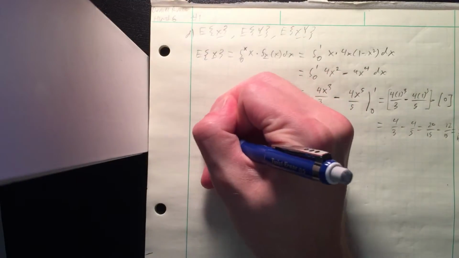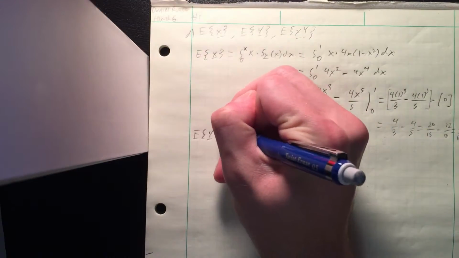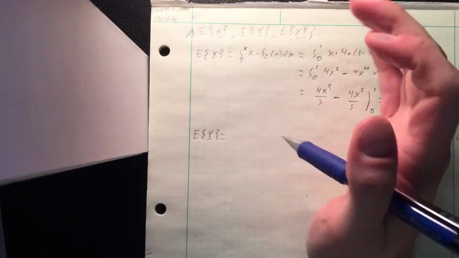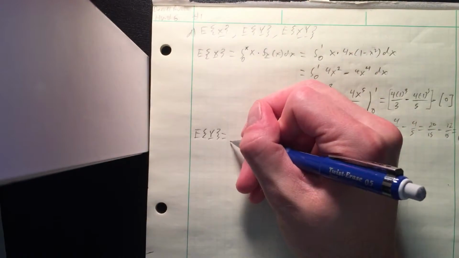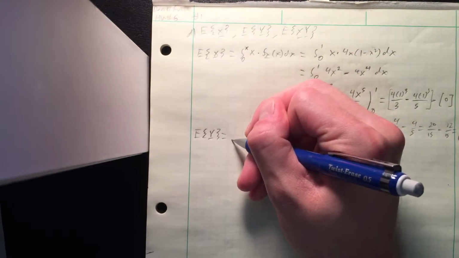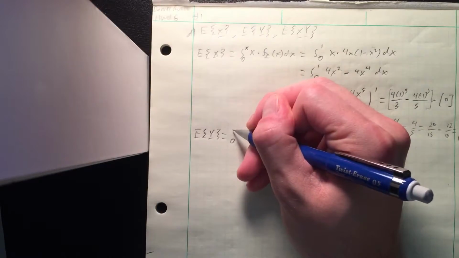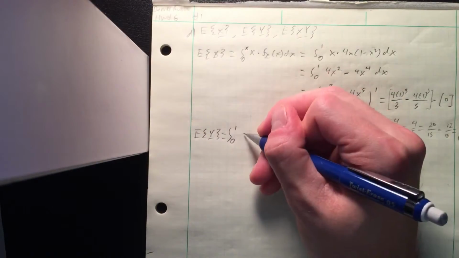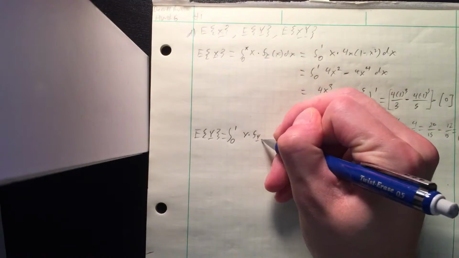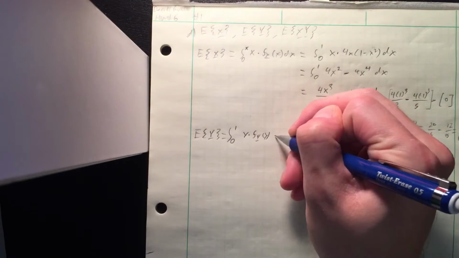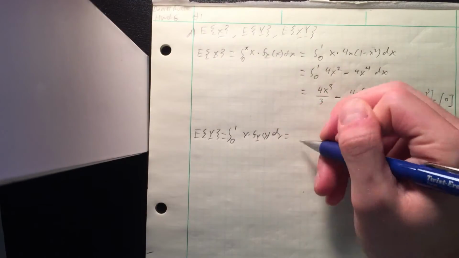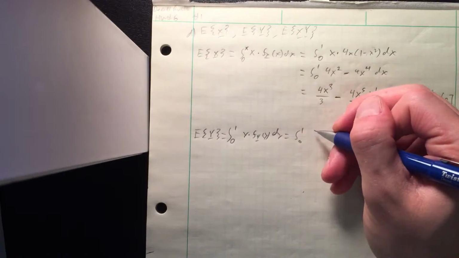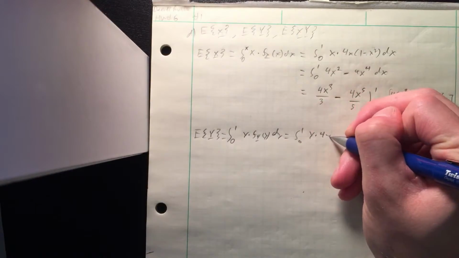And our expected value of Y is going to be equal to the entire range of y, which is from 0 to 1 really, so y times the f(y) dy, which is equal to, over the entire range, y times 4y cubed dy.